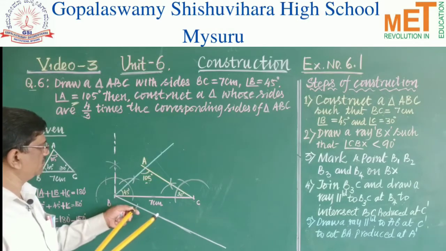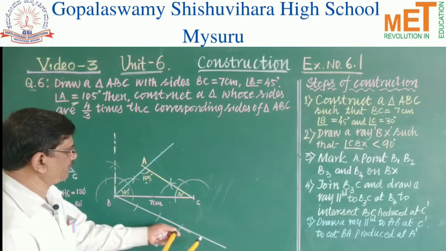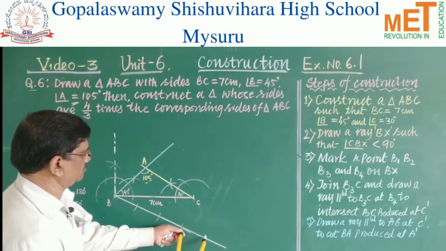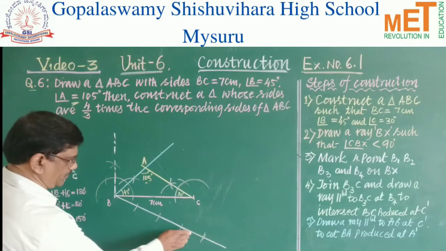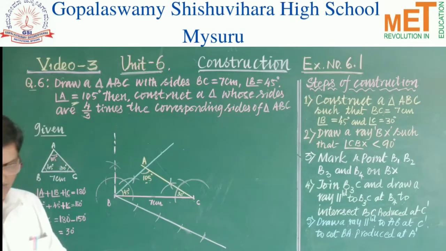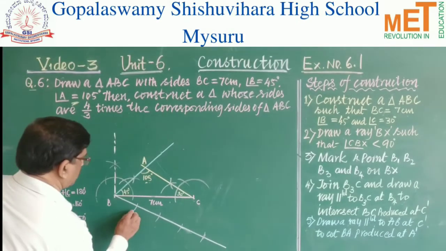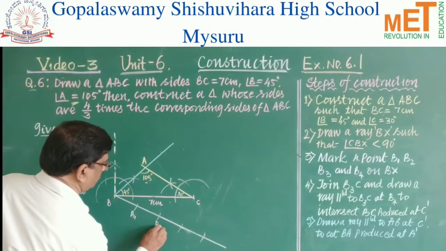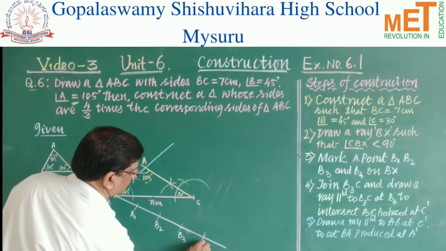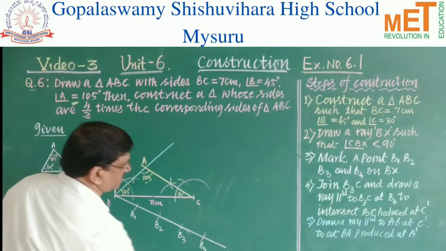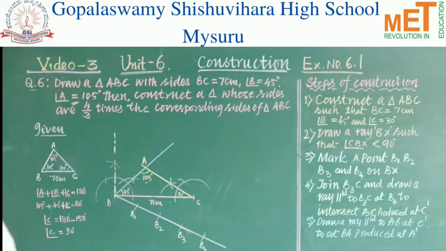This is 1, this is 2, this is 3, and this is 4. Okay. Name it as B1, B2, B3 and B4. What is this line segment? BX. Now what we have to do next, children?